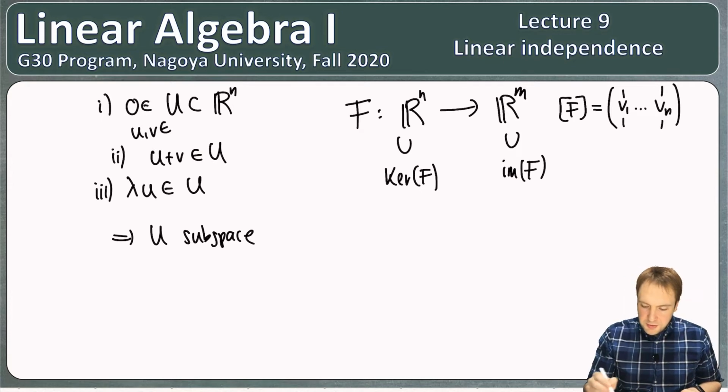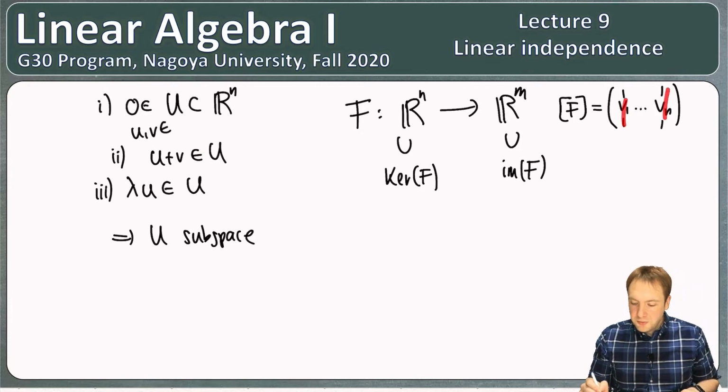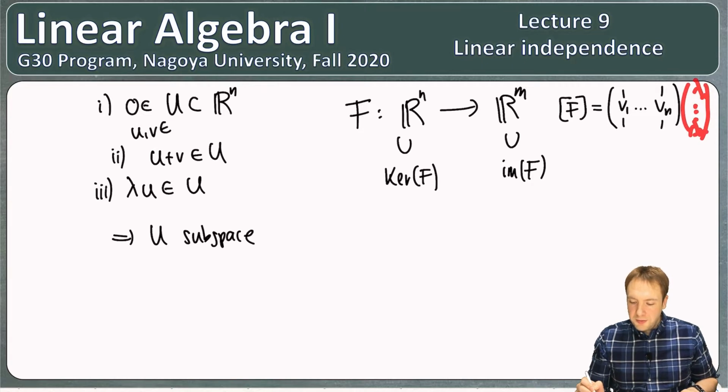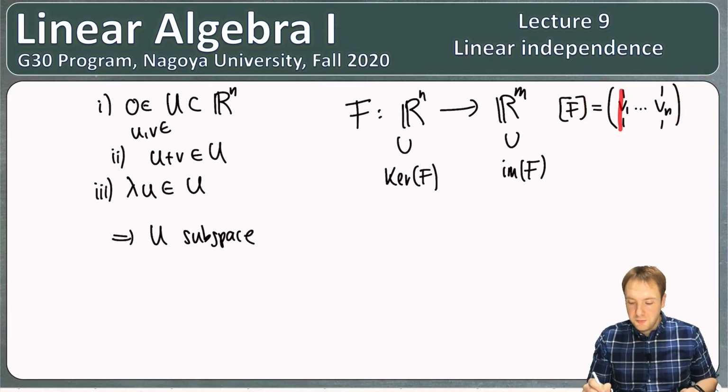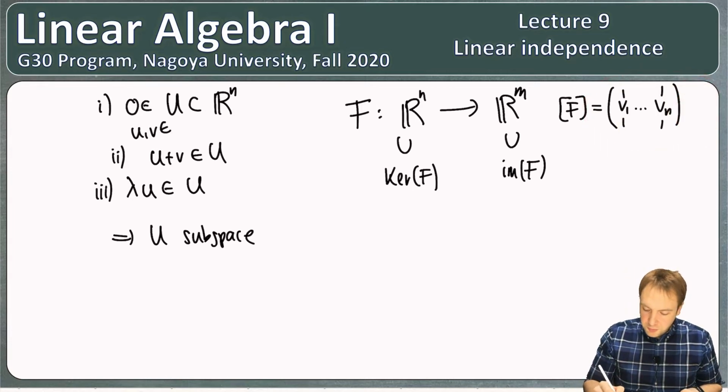The span of these vectors is exactly the image, because if I multiply this matrix with a vector lambda 1 up to lambda n, the possible outcomes give all linear combinations of these vectors. So we could write that the image of F is the span of v1 up to vn.